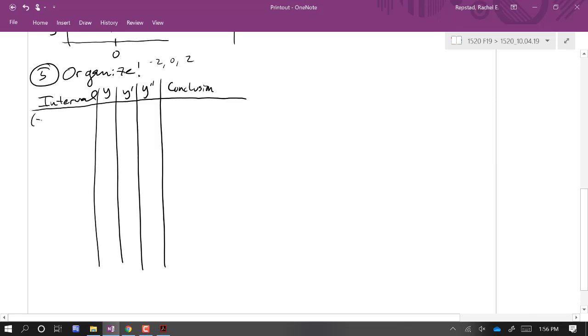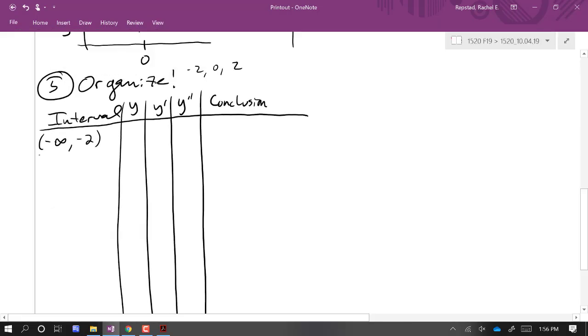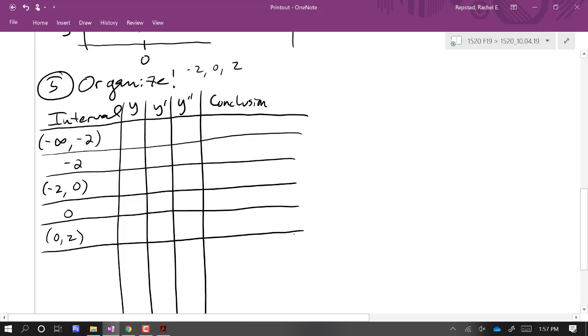So my first interval is from minus infinity to -2. See what's going on at -2. -2 to 0. See what's going on at 0. 0 to 2. See what's going on at 2. And then from 2 to infinity.